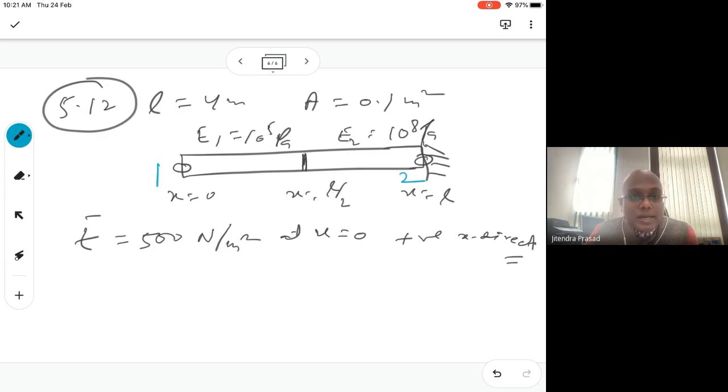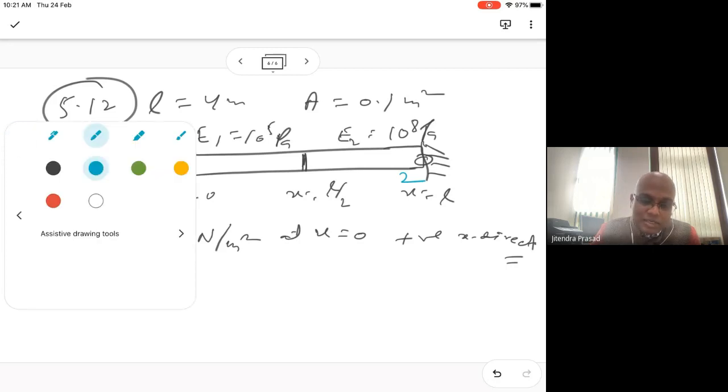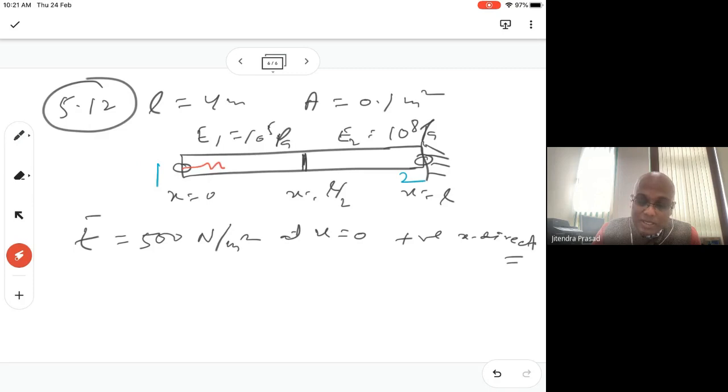Then you have to do everything: stiffness matrix, force matrix, strains, you have to find out displacements, model the problem with two spring elements, and solve for unknown displacements using the technique learned. It's telling you to make two springs, one here and one here, and then solve it. Then you have to compare the results and find out which one is better.